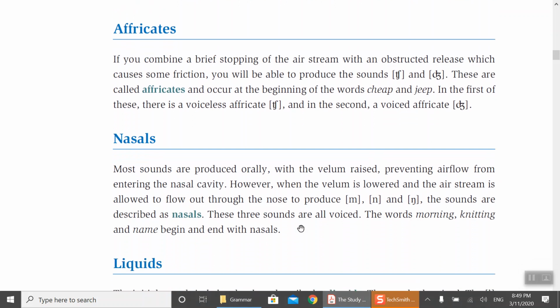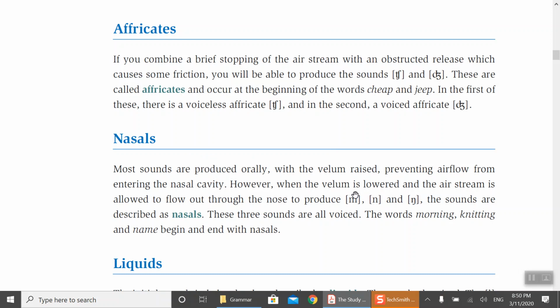Nasal sounds, from the nose. Most sounds are produced orally, from your mouth, with the velum raised. The velum is the soft palate. When it is raised, it closes the nasal cavity and the air goes out through the mouth. But when the velum is lowered, the air passes through the nose. Most sounds are produced orally with the velum raised, preventing airflow from entering the nasal cavity.